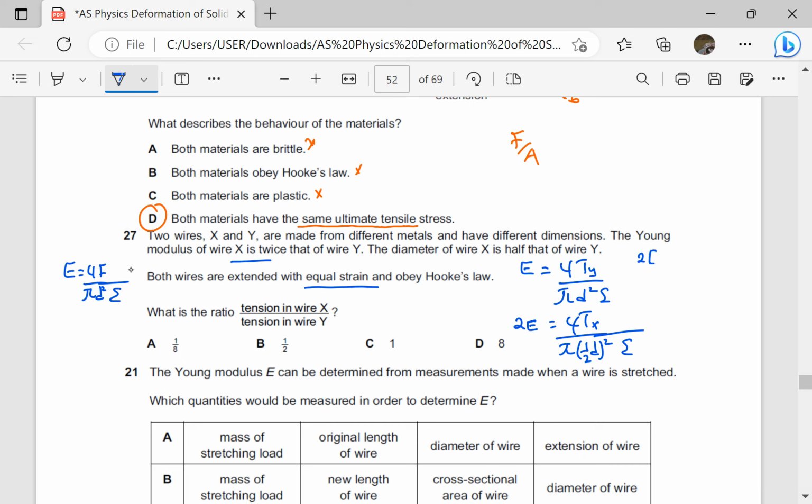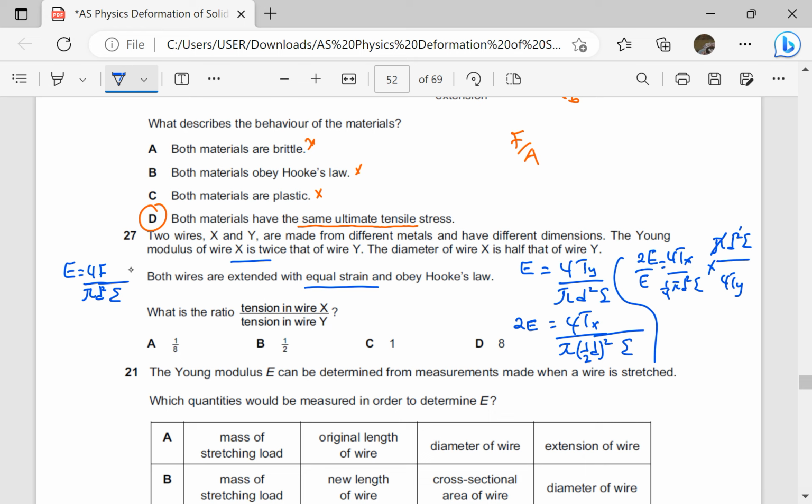So we have 2E over E is equal to 4T_X over a quarter pi d squared times epsilon, then times, I get the reciprocal of this, pi d squared times epsilon divided by 4T_Y.